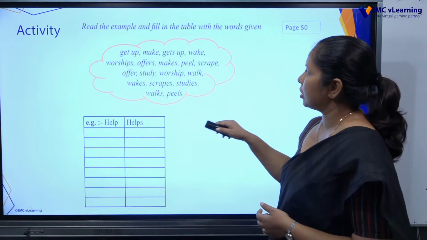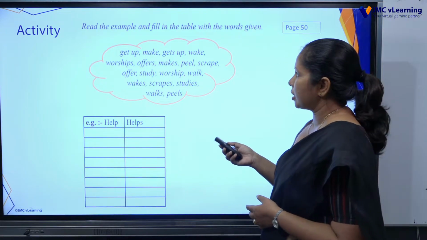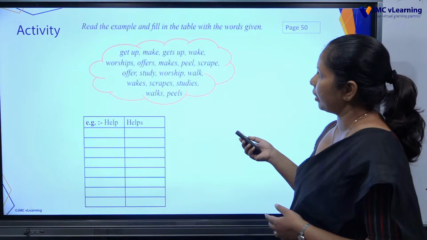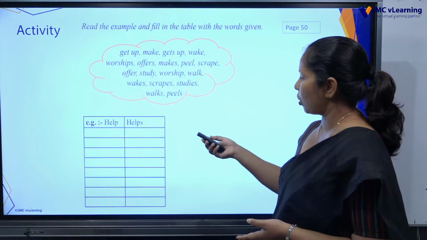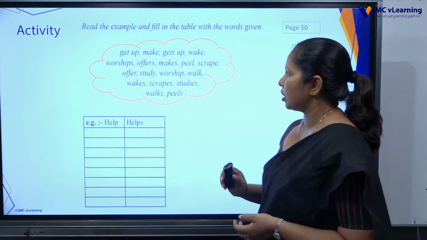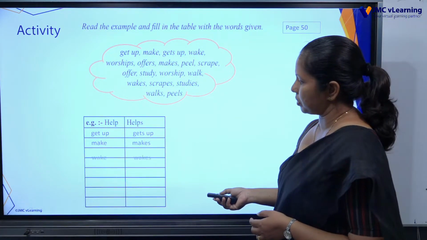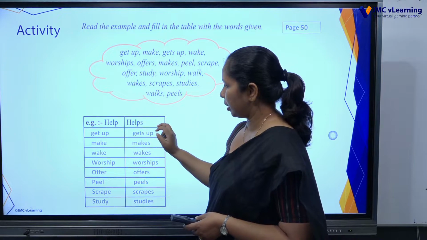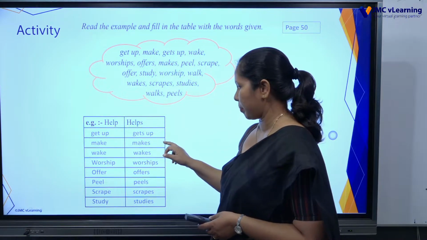Here these are the verbs taken from the role play. Get up, make, wake, worship, offers, scrapes, walks, peels. Here you will see there are two kinds of verbs. Help, helps. Get up, gets up.